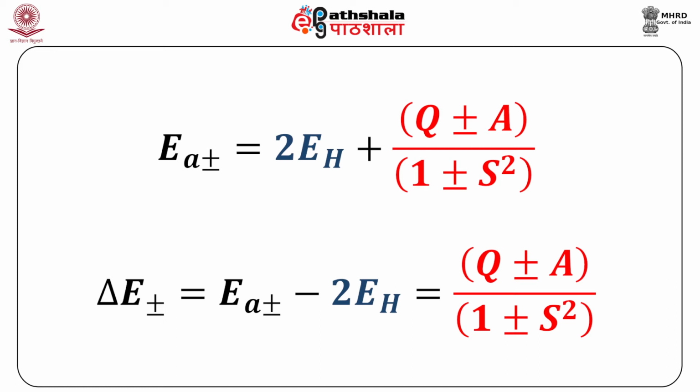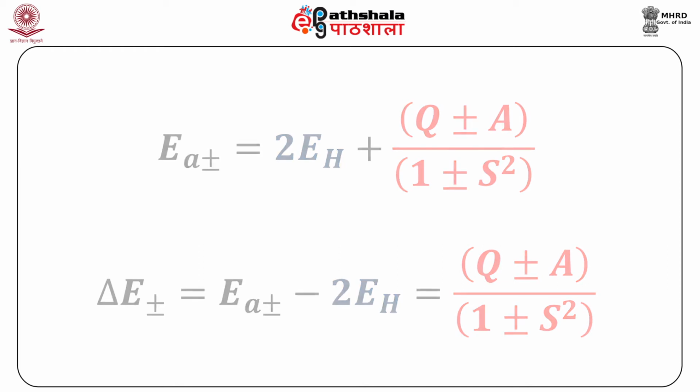Binding energy means the energy which the hydrogen molecule possesses in comparison to the energy of two isolated hydrogen atoms. And as you can see, delta E plus-minus comes out to be equal to (Q plus-minus A) upon (1 plus-minus S square).